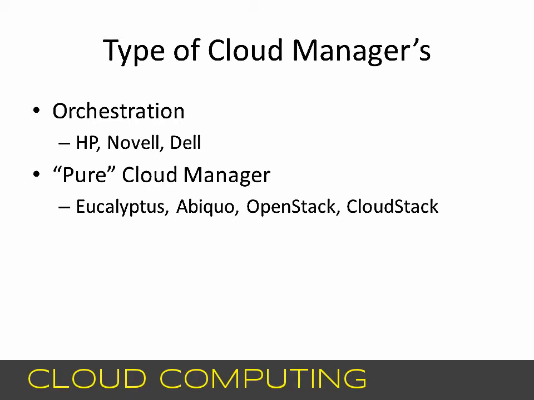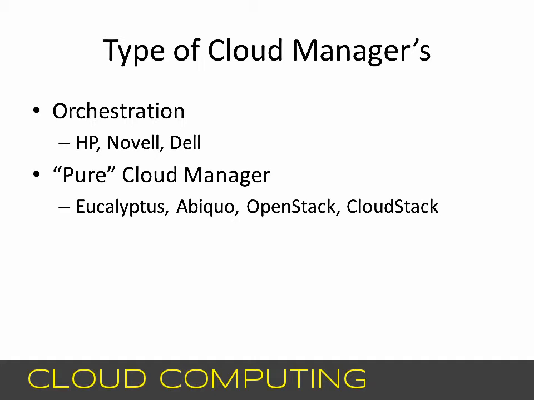So orchestration solutions are geared towards really large data centers and automating actions that could be scripted, such as the provisioning of, let's say, 100 servers, the provisioning of storage to servers, anything that you can think of that a large data center would have to do time and time again, and that would normally require hands-on support to do.